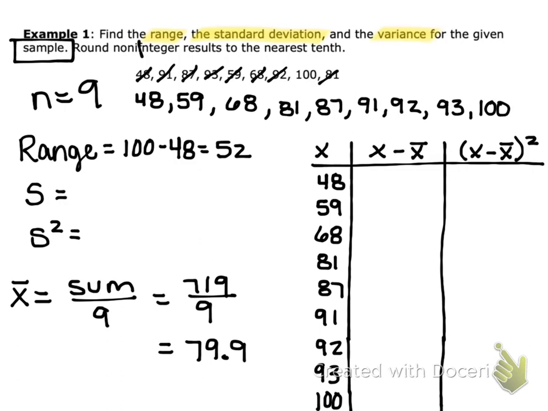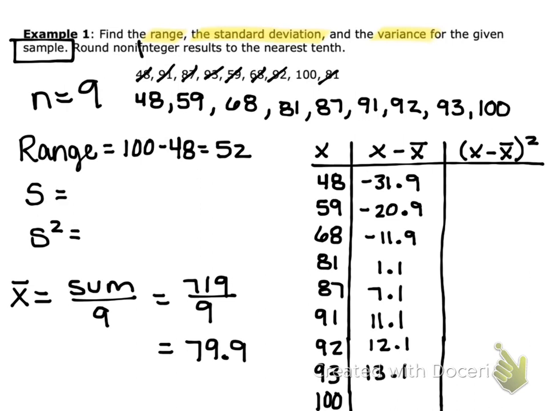So 48 minus 79.9 gives us negative 31.9. 59 minus 79.9 gives us negative 20.9. 68 minus the mean is negative 11.9. 81 minus the mean is 1.1. 87 minus the mean is 7.1. 91 minus the mean is 11.1. 92 minus the mean is 12.1. 93 minus the mean is 13.1. And 100 minus the mean is 20.1.